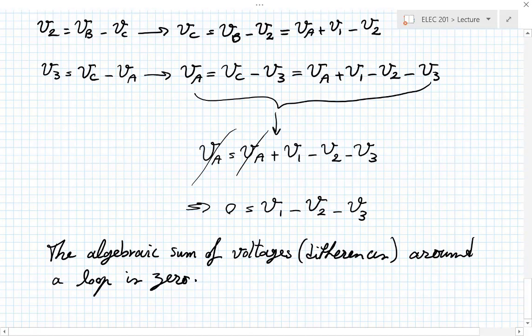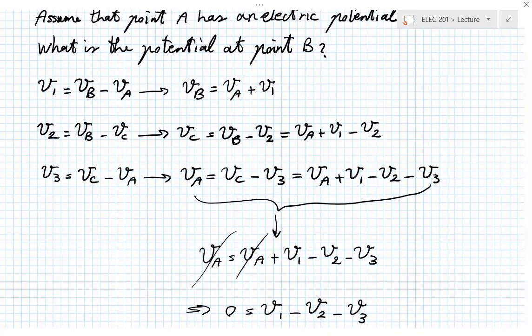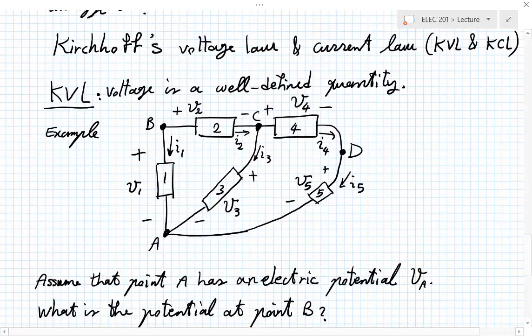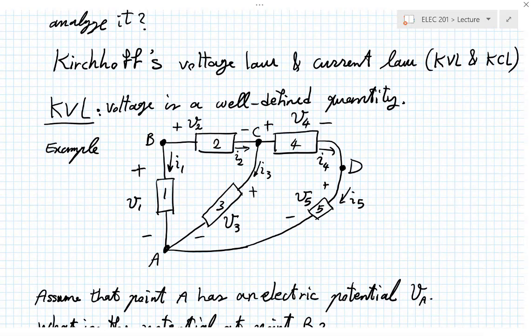We are out of time, but I'll just say a couple of sentences, and then we'll continue next time. And this is what I want to say. If you write this KVL equation for every loop in the circuit, in this case, we have these two. And similarly, a KCL, a current law that relates these currents, if you do this, you will have enough equations to find all voltages and currents in the circuit, no matter how big the circuit is.